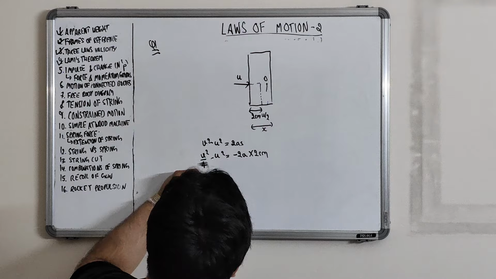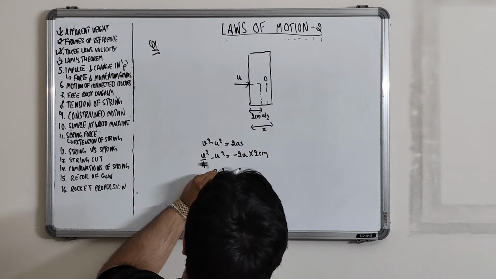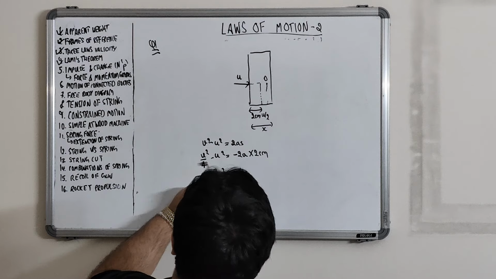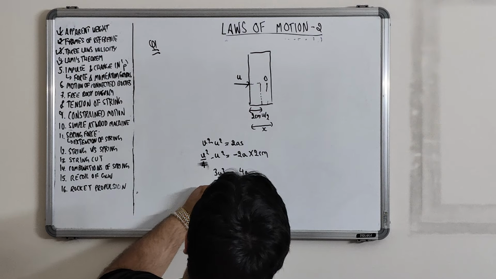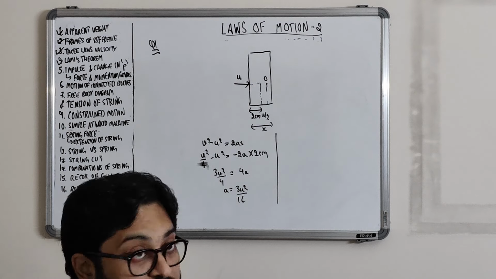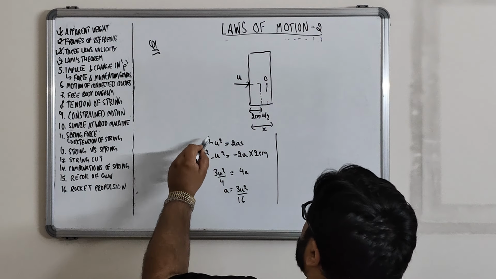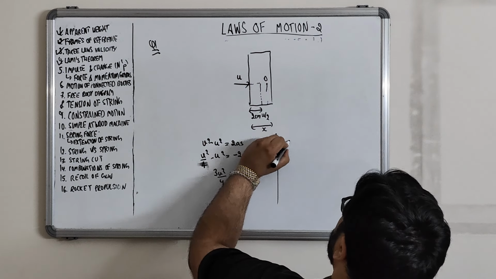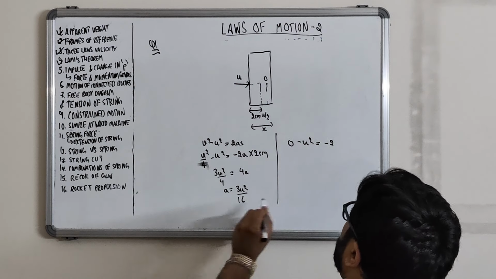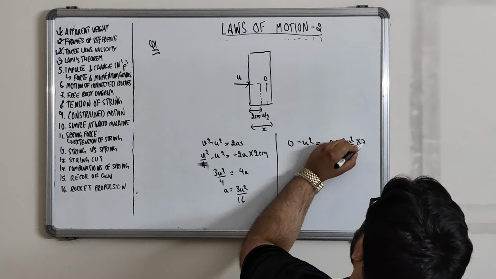So we get 3u square by 4 is equal to 4a, and a is 3u square by 16. Now we have to calculate x. V is 0, u is u, so 0 minus u square is equal to minus 2 into 3u square by 16 into x.